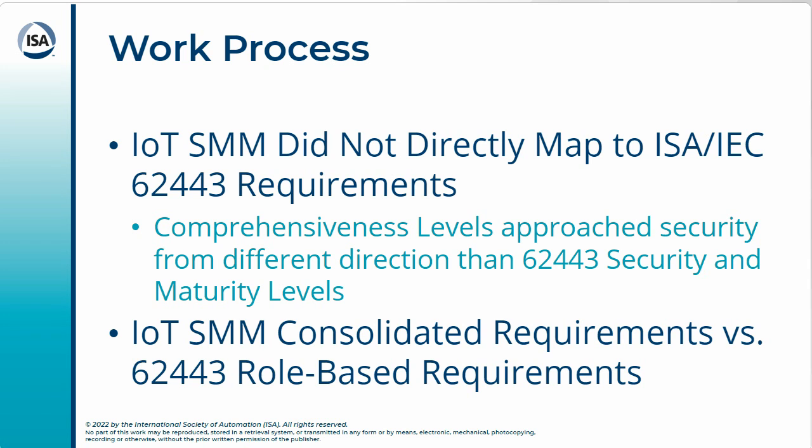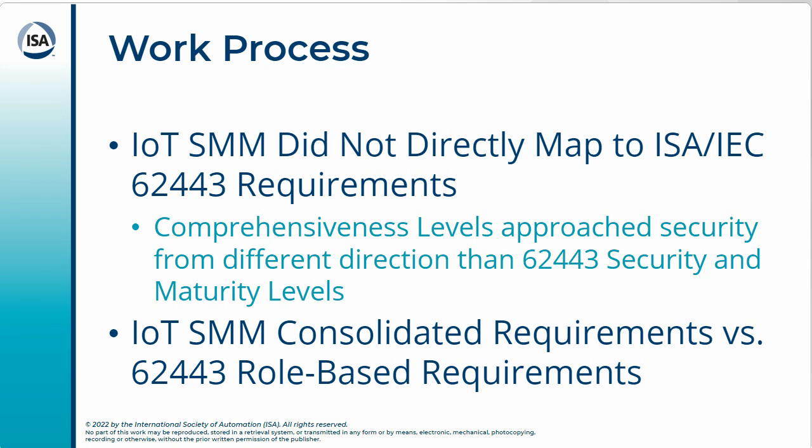The documents are laid out to the point where we do talk about different roles, but there's no one-to-one mapping between a requirement in the SMM and a requirement in any one particular document within the series. Usually it was some form of many-to-many relationship.